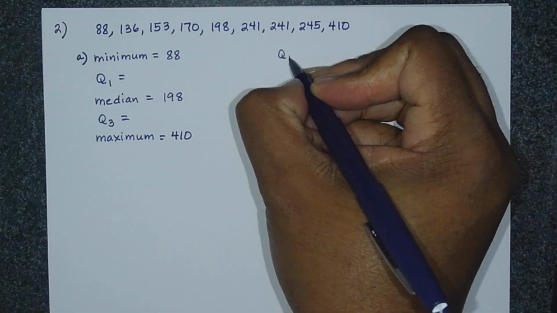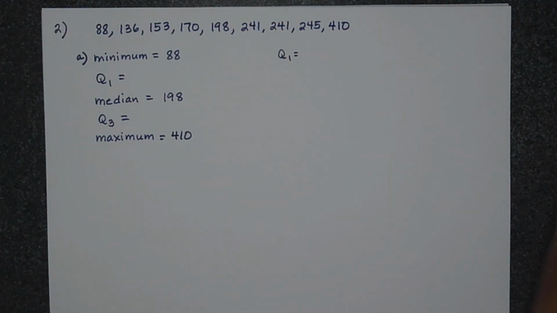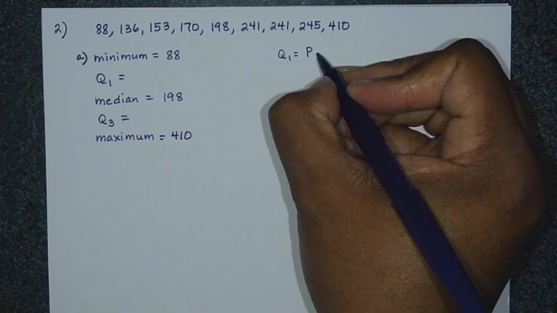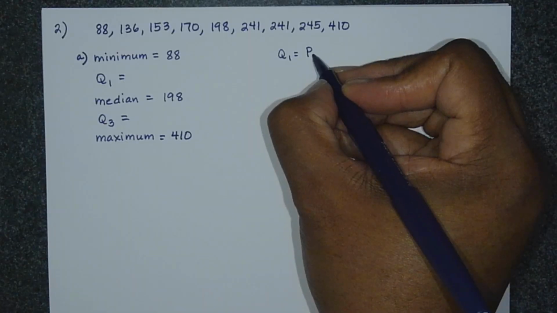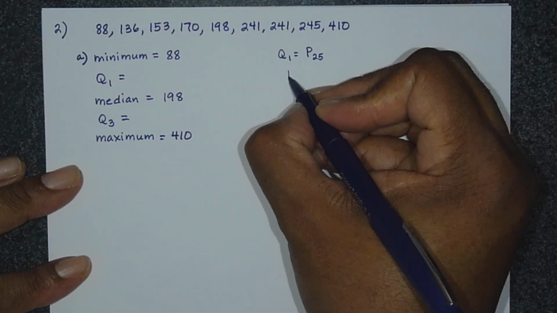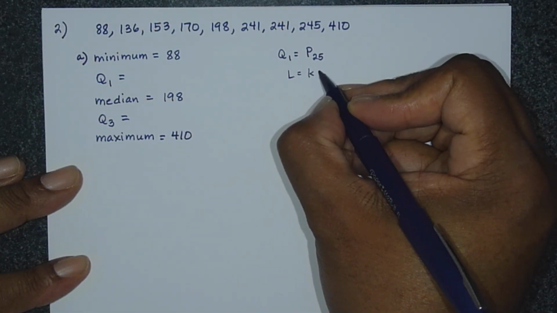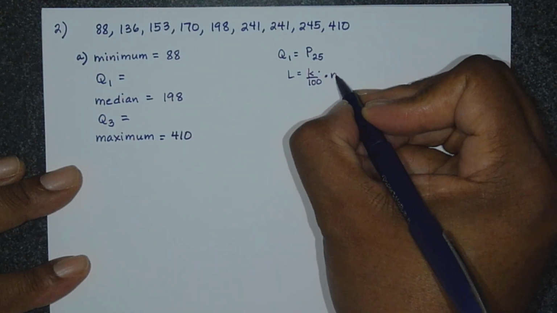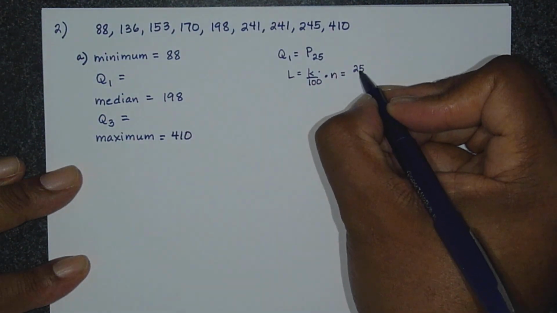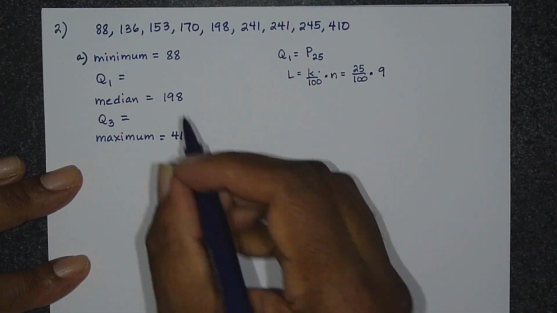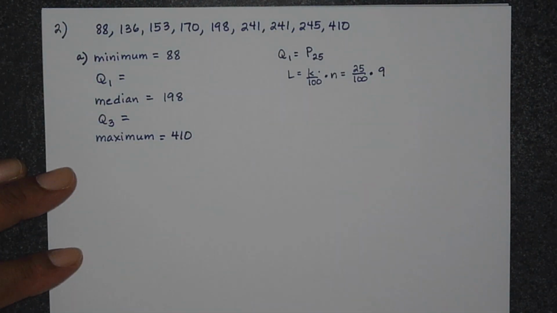Now we need to know what Q1 and Q3 are going to be. I think someone already said it, but if you didn't know, Q1 was the 25th percentile. And of course, we find L by doing K over 100 times N. So it'd be 25 over 100 times 9, because there are 9 data values here.